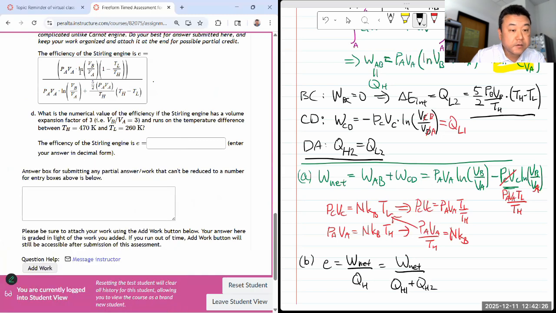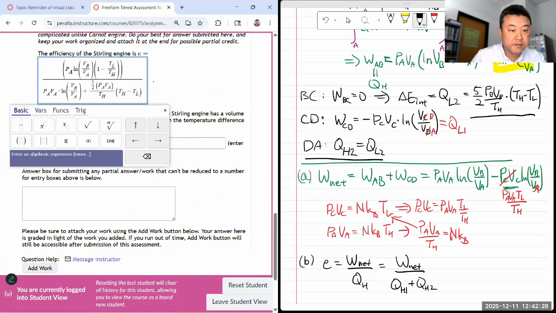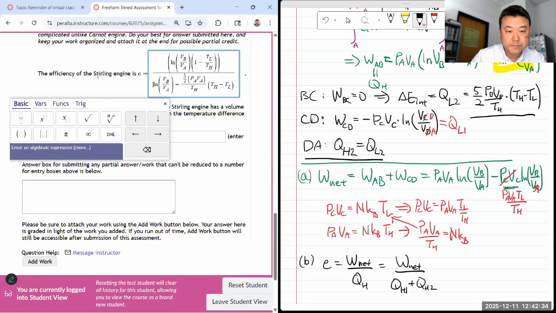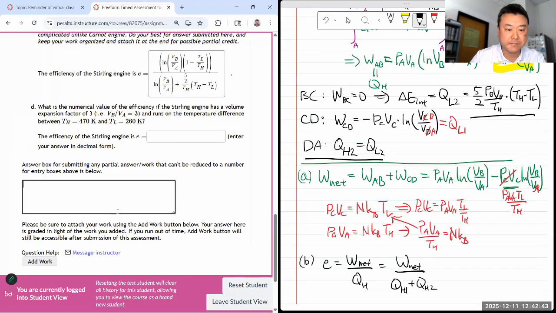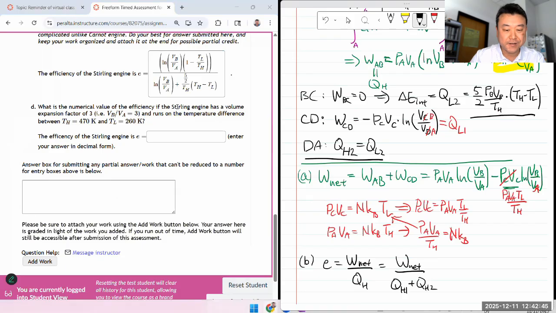In fact, I can erase it here, so it doesn't depend on that. Not sure what the system would have done with that, if it would have been graded as incorrect for having those things. Maybe not. I'm not sure.